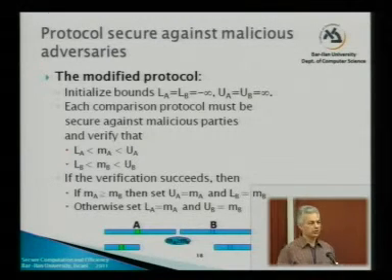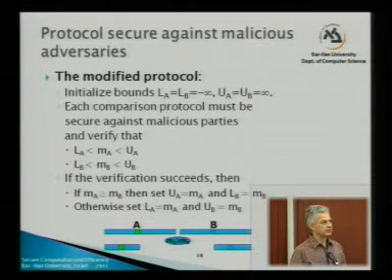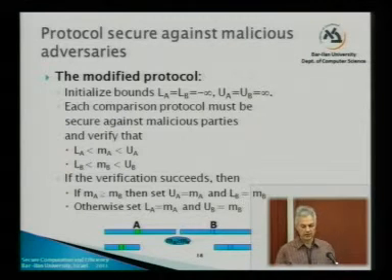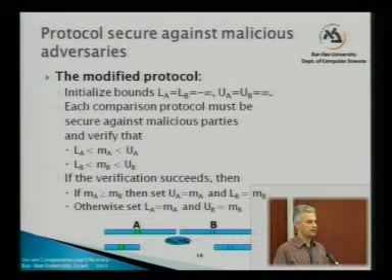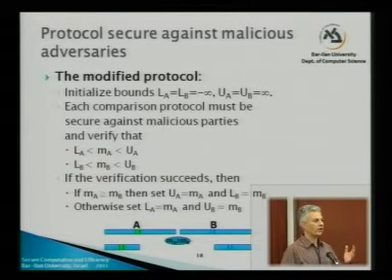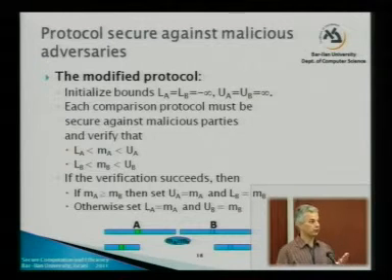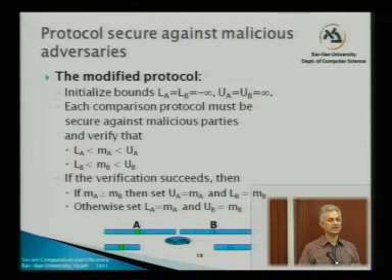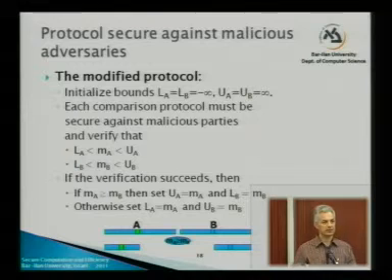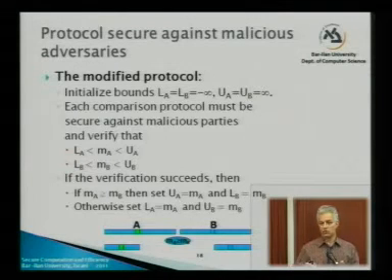But after we make a comparison, suppose we find out that MA is greater than MB, and therefore Alice is told to throw away all items greater than MA. Then what should the protocol do? The protocol should set the upper bound on Alice's inputs to be MA, because we told her to throw away all items larger than MA.